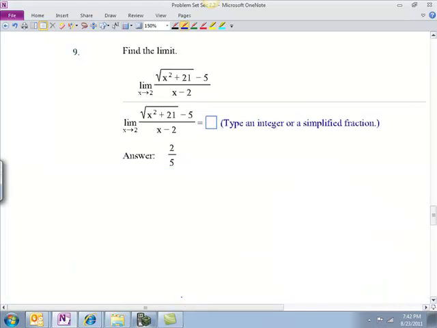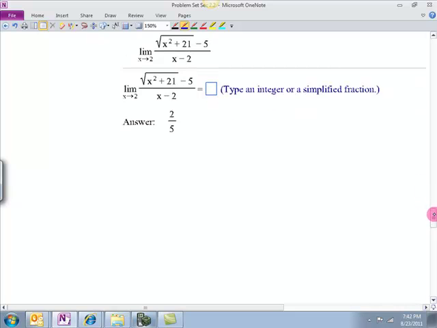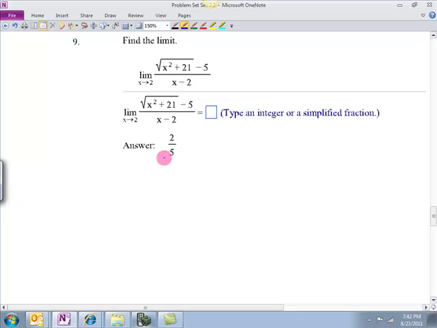And so what will our conjugate be? Square root of this thing plus 5 over itself. So let's write that, and you guys try it. You're looking for an answer of 2/5.